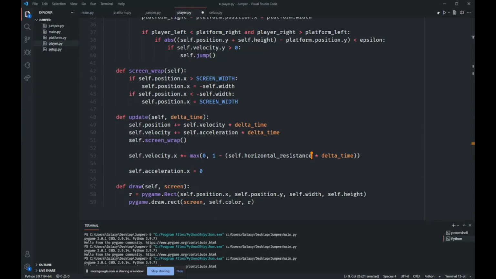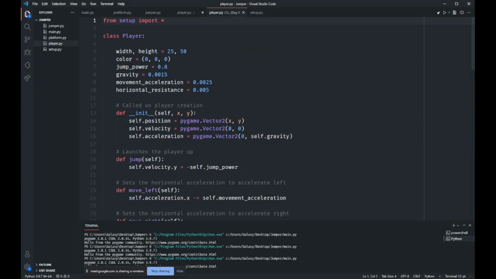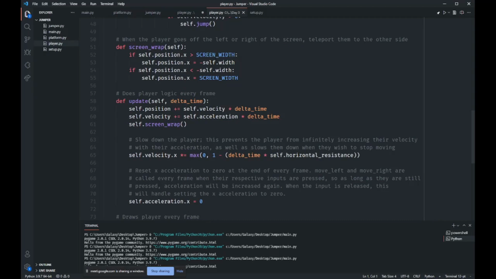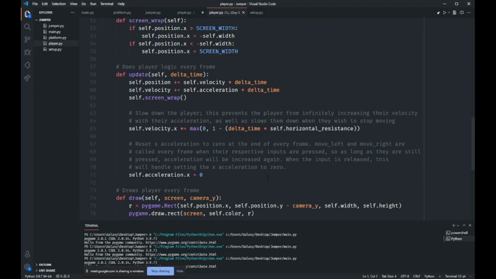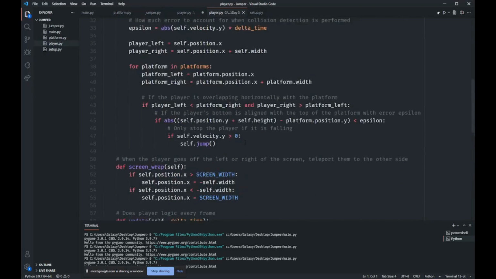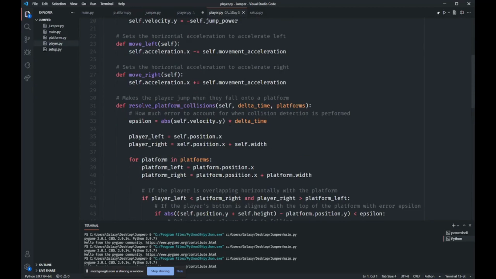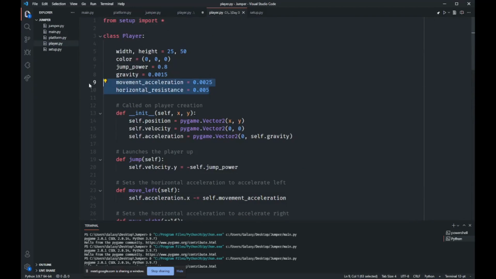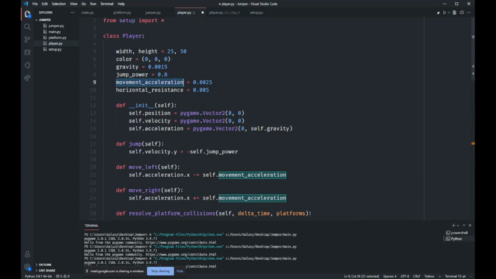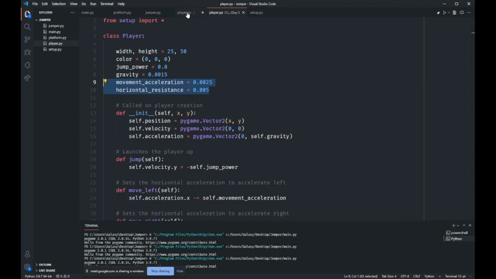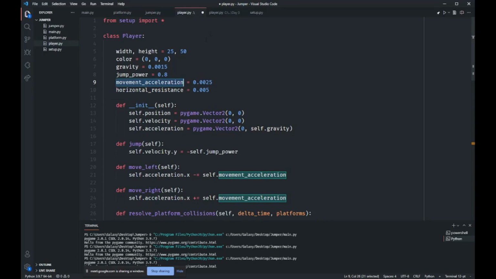So if we look in player over here, this was our final version. Let's see what we did here. Are these values correct? I'm not too sure.